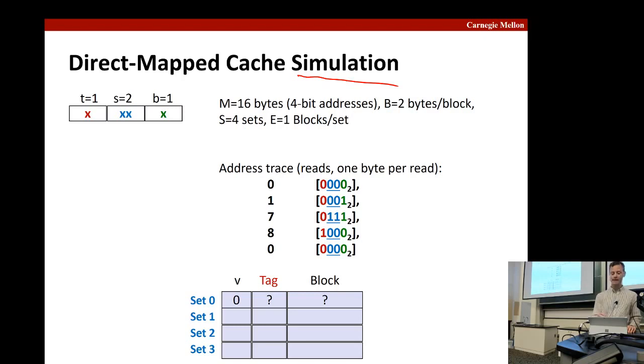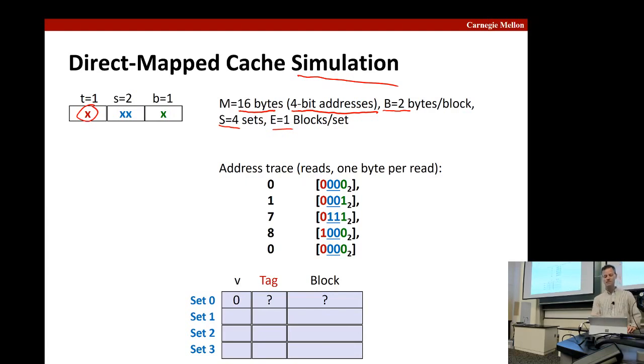Okay, so let's take the case where you have 16 bytes, and B is 2, S is 4, and E is 1. Because B is 2, then little b is 1. Because S is 4, then little s is 2. The other key to note here is how big the tag is depends on how large the address is. So in this toy example where addresses are only 4 bits long, we only have 1 bit left for tag.